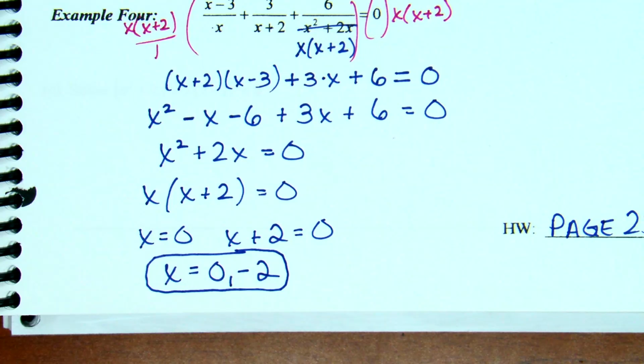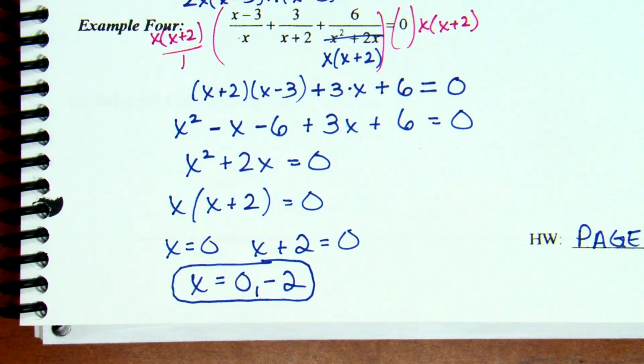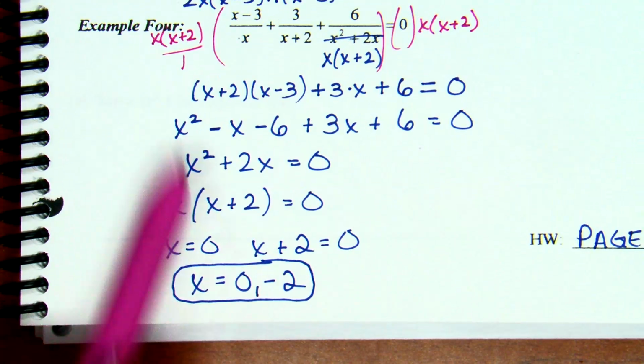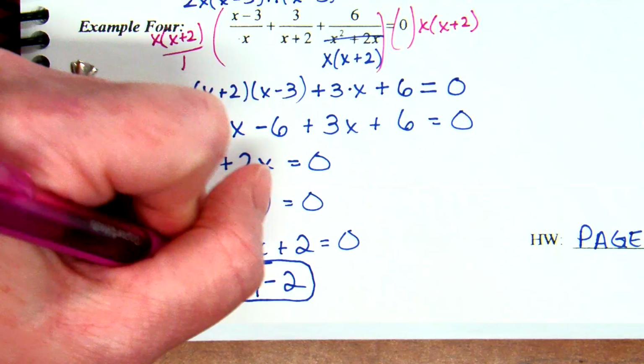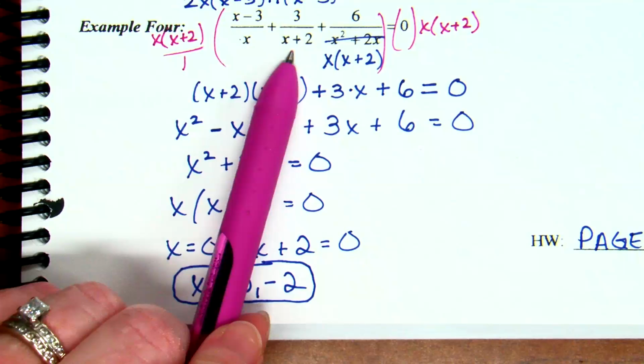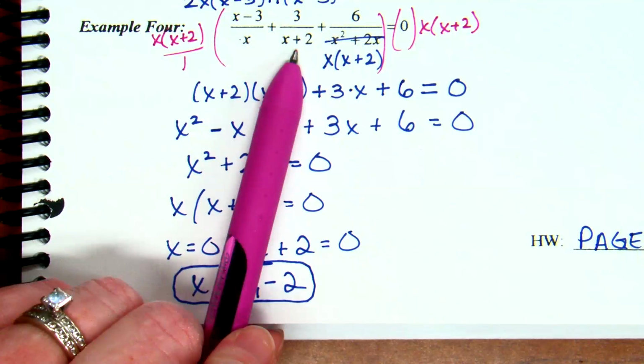And as always, we want to check them. What happens when you try and check these? Okay. 0, if I put 0 in for x right here in the first fraction, it makes that fraction have a denominator of 0. That doesn't check. That's not an option. What if I put negative 2 in? Negative 2 plus 2 in this fraction right here gives me 0. What just happened?